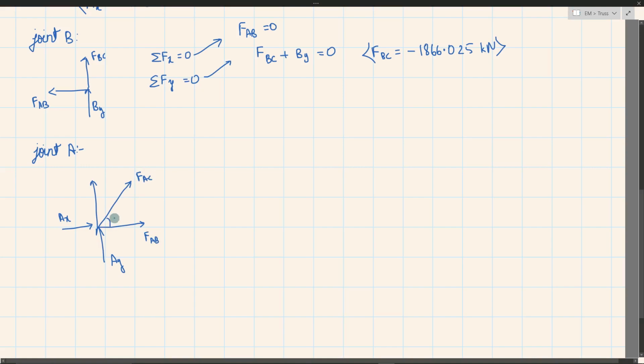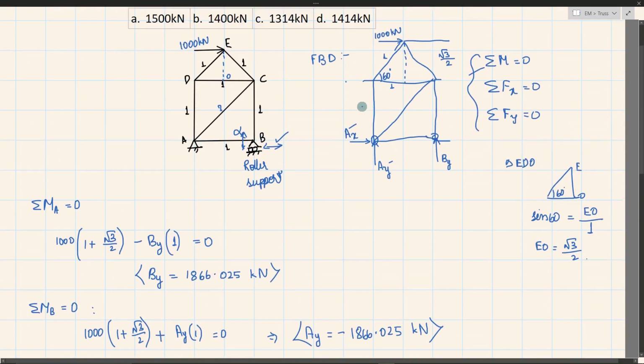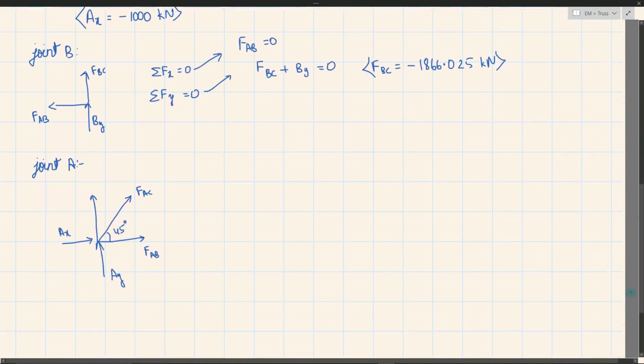This angle is 45 degrees because the horizontal as well as the vertical distance here is 1 and 1. This is a square, this is a diagonal, so the angle will be 45 degrees, right? Basic geometry. So this is FAB.